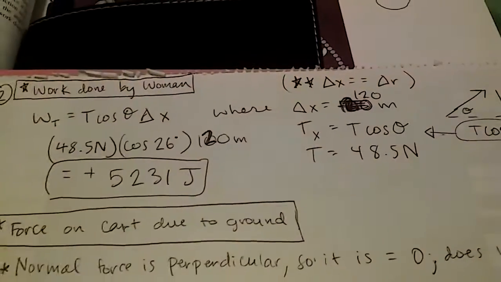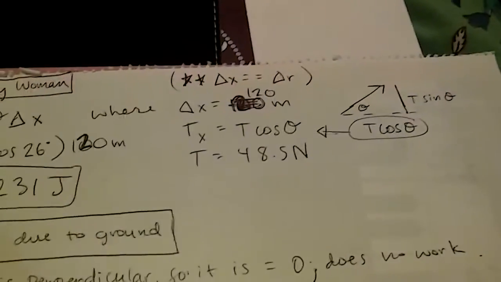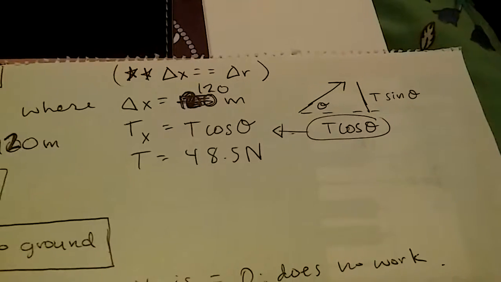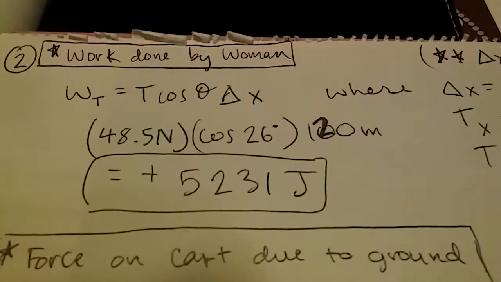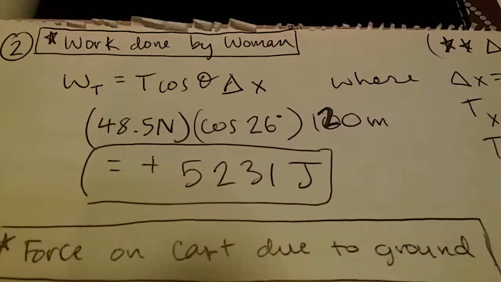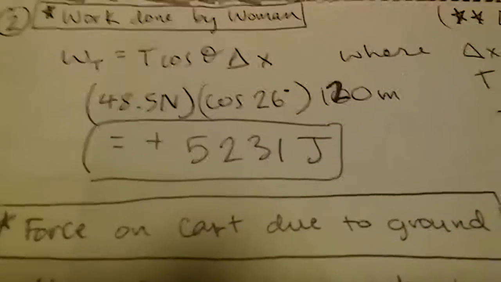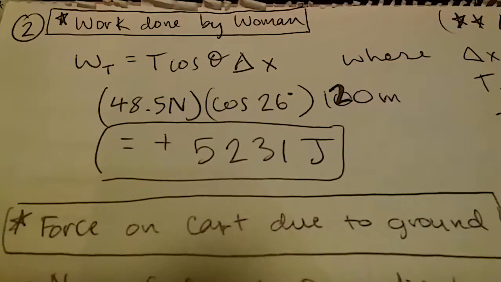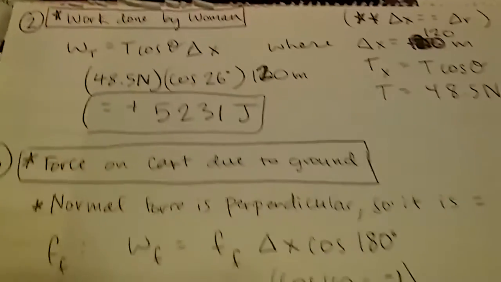The x component of the tension force is T cosine theta, and T is equal to 48.5 newtons, which we just solved for. And I just multiply 48.5 newtons, cosine of 26, and 120 meters, and that gives me positive 5,231 joules, which would be the work done by the woman pulling the cart.